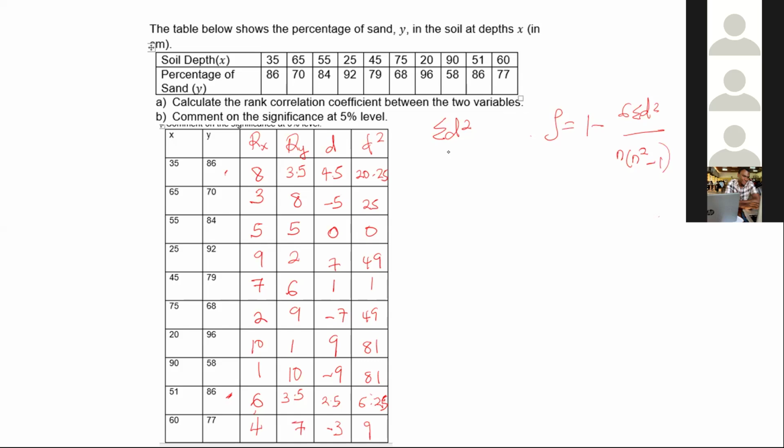I have 321.5. So that means our rank correlation coefficient is 1 minus 6 times 321.5 divided by n, which is the number of pairs, and we have 10. So it is 10 into 10 squared minus 1.